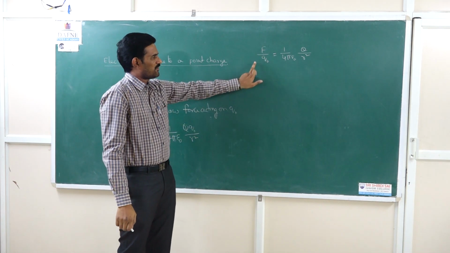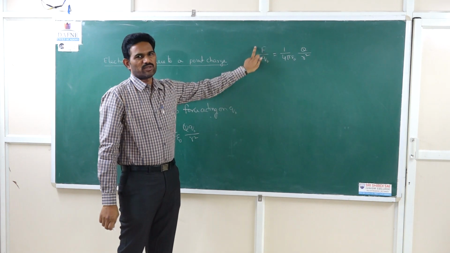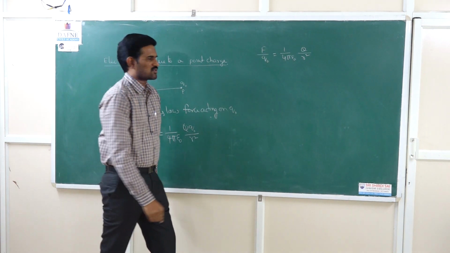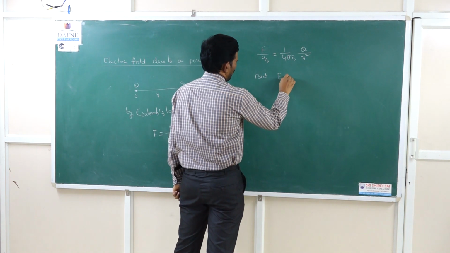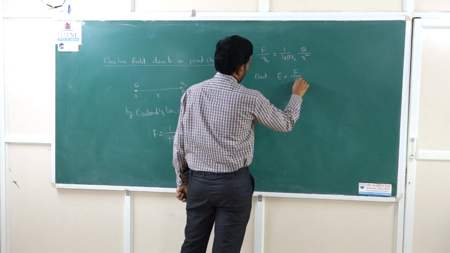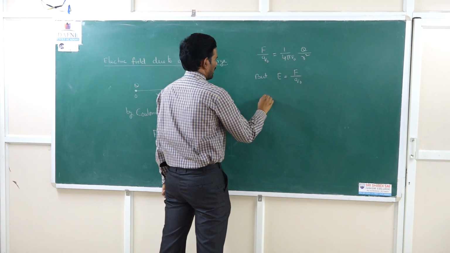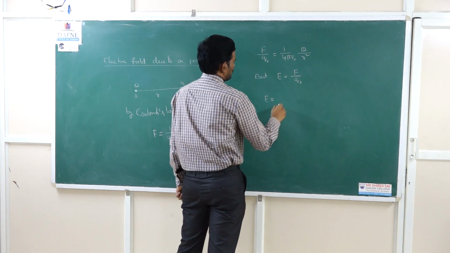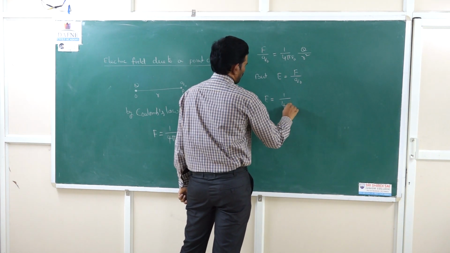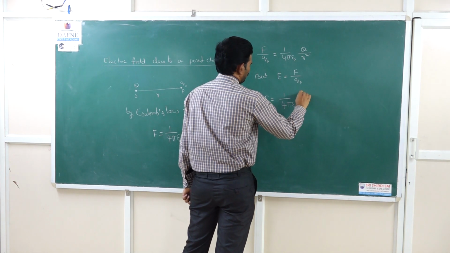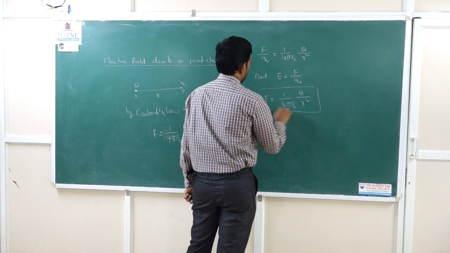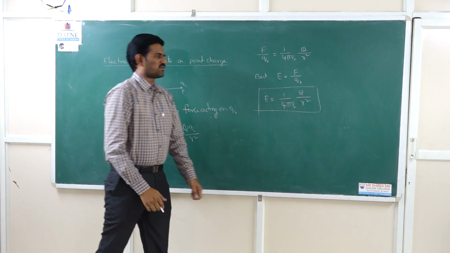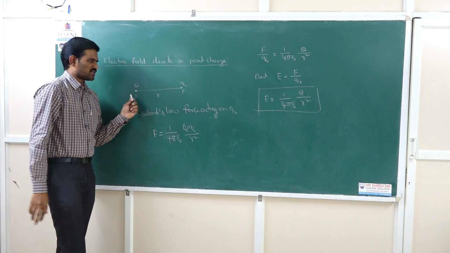According to our definition of electric field strength, this F by Q naught is nothing but the electric field strength, E is equal to F by Q naught. Therefore, electric field strength is 1 by 4 pi epsilon naught into Q by r square, the expression for the field due to a point charge at a distance r.